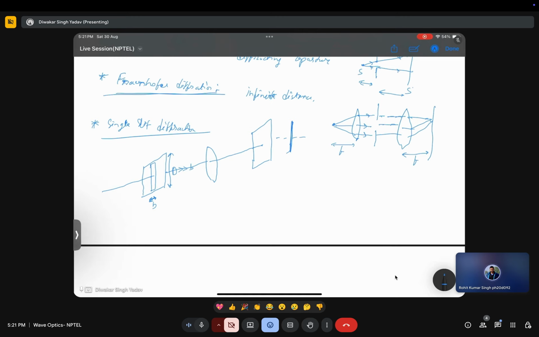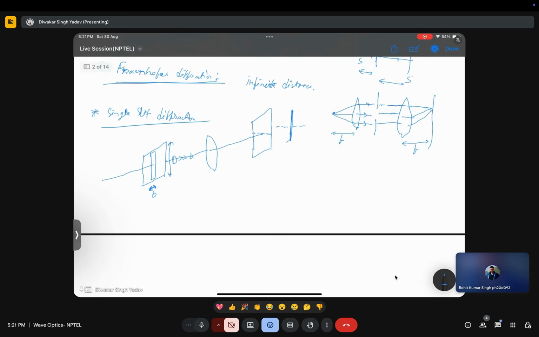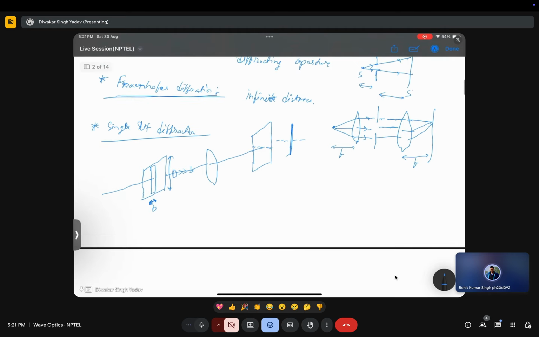No, that's what I said. Slit width is b here, so not the vertical one, it is the horizontal one. In this direction you will get the diffraction pattern. So we'll see how it happens.